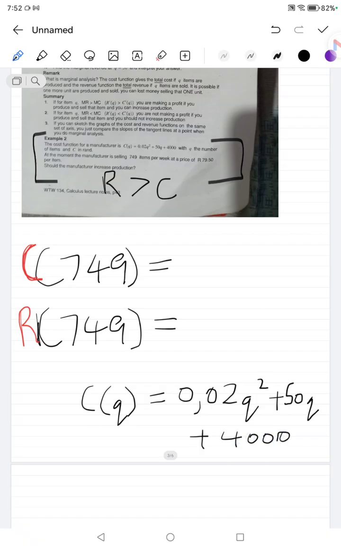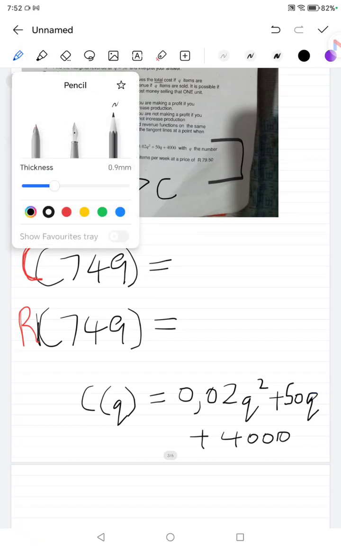So we just input your 749, then we determine the cost. Can you all just try to do it so I'm getting the correct answers only?